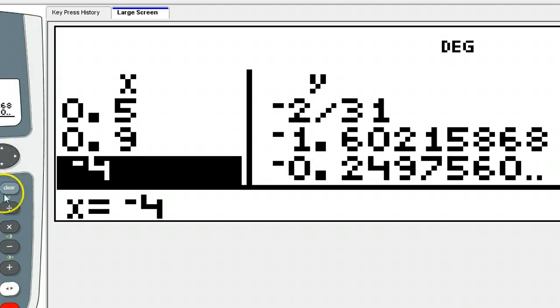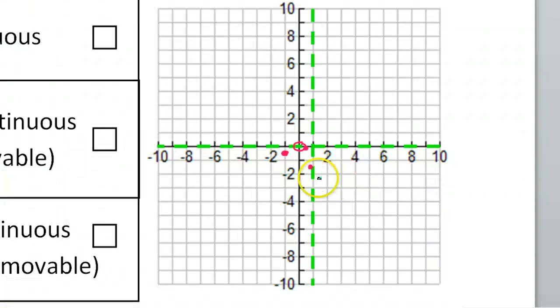Don't be stingy with your points. Well, look, -4 is already there. So at -4, I'm at -0.2, which is like right there. Okay, and it's got to approach this asymptote.